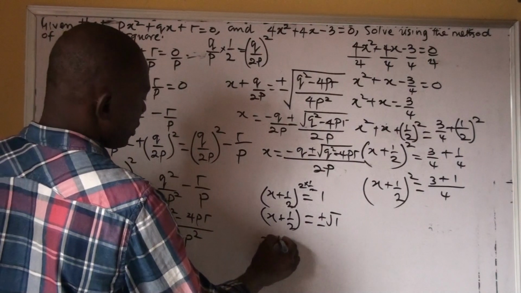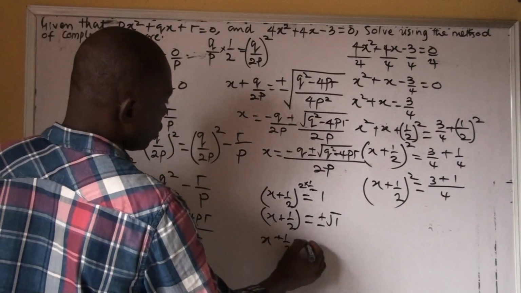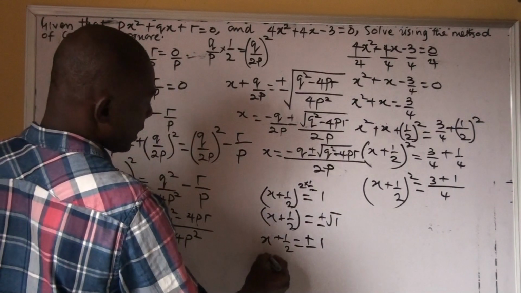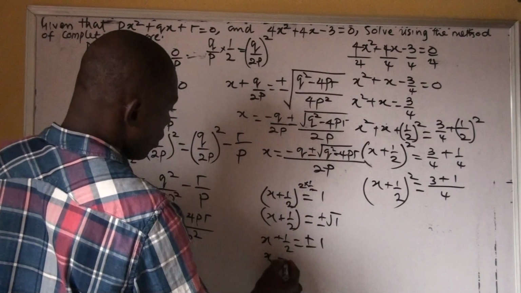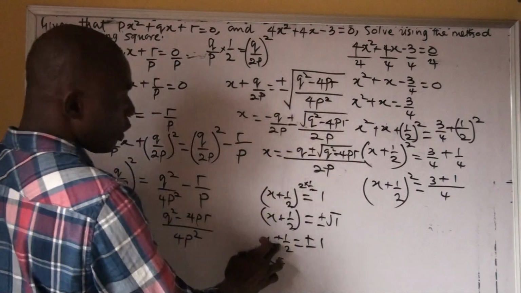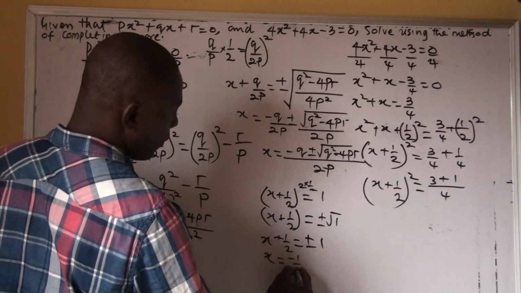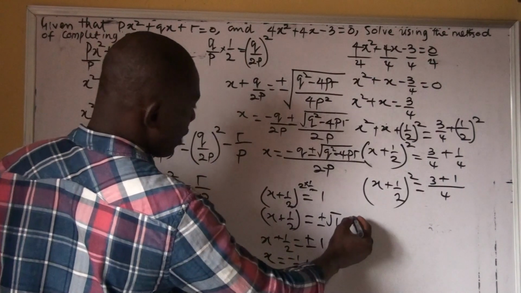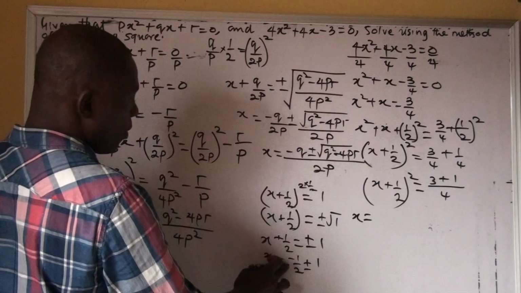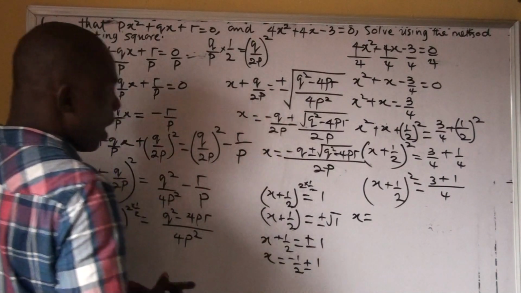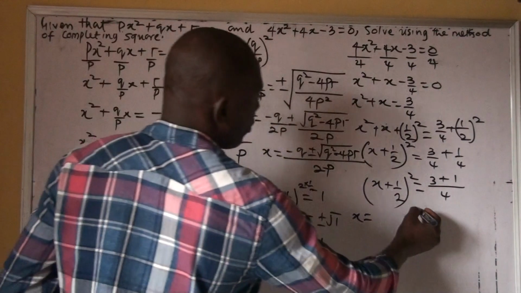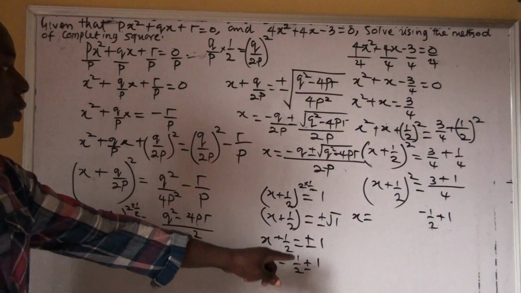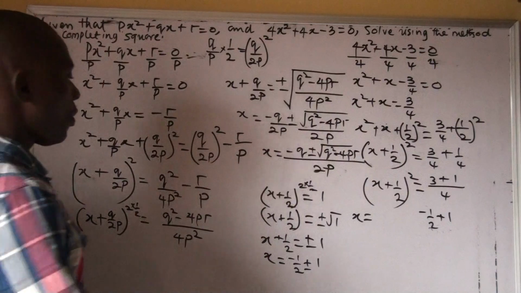Here, x plus 1 over 2 is equal to plus or minus 1, and the square root of 1 is 1. And so x is equal to, as the plus half moves it becomes minus half, plus or minus 1. So the value of x here will become minus half plus 1, which will give us half.